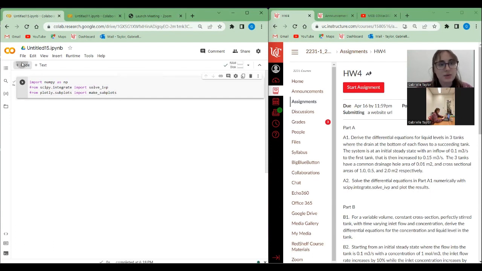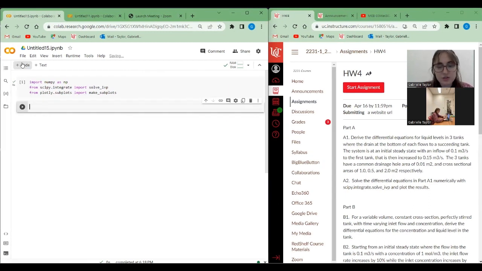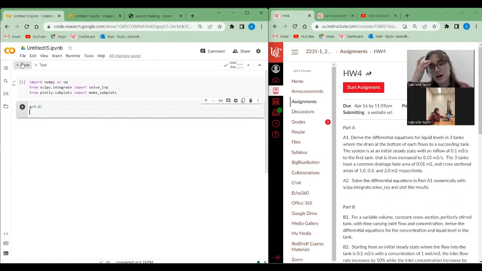Okay, so the next thing that we want to do is initialize our values. So we have gravity, that's 9.81, and our inflow Qin initially at a steady state is going to be 0.1.